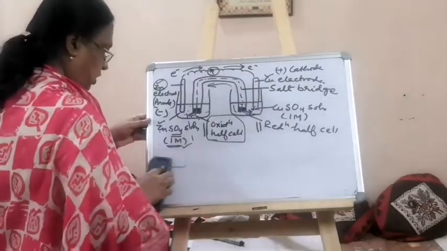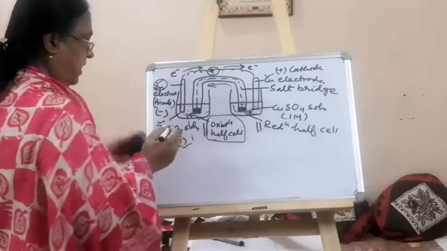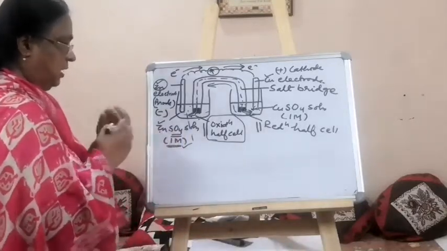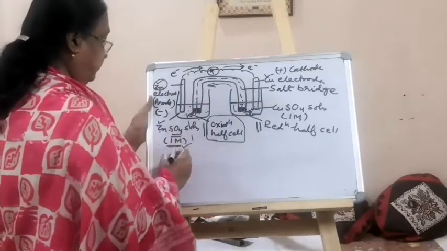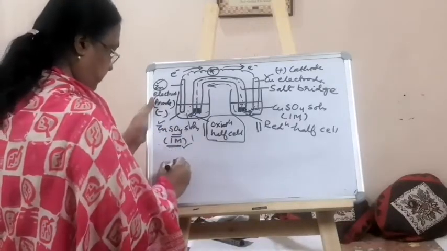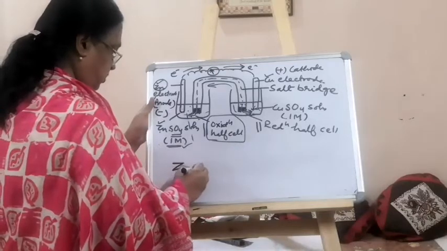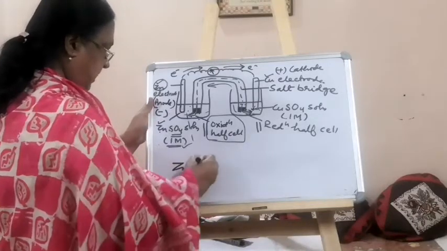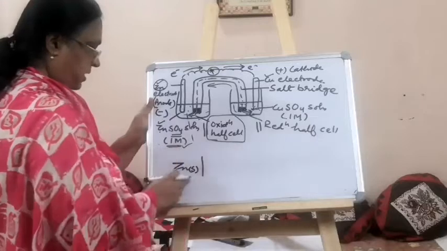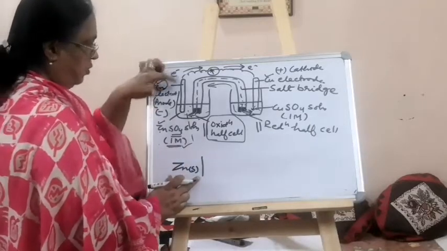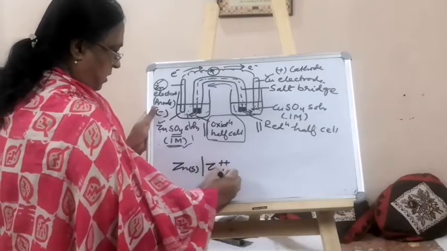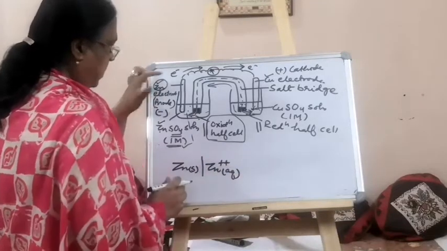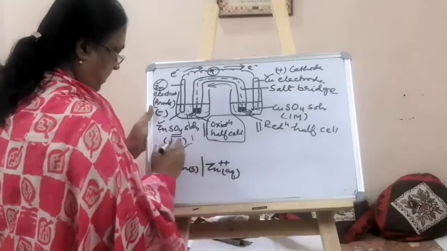As I told you, the oxidation half cell is always on the left hand side. So we will start with that oxidation half cell. Symbol zinc solid, that is like a rod. Then one vertical line, this indicates the electrode, is dipped in zinc ion, which is aqueous and having some concentration.